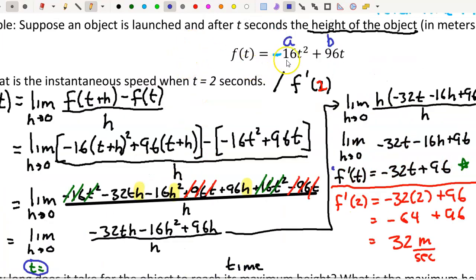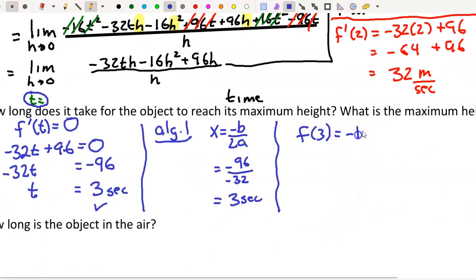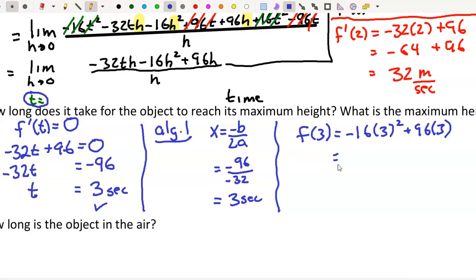So we have this function right here, just plugging in 3 for t. Negative 16 times 3 squared plus 96 times 3. It's nice to have a little calculator handy for some of these.